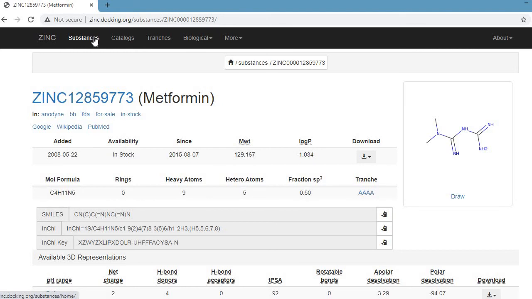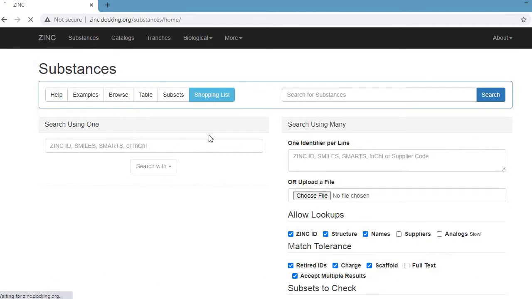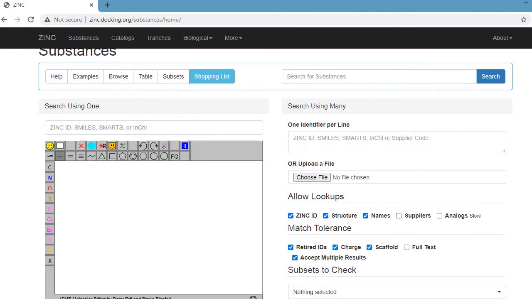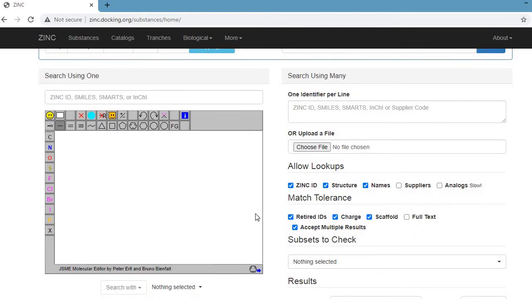Now what else we can do? Here is a template where we can draw structures and we can check for substructures. Here I can draw different substructures and search in the database. Like here I am going to draw the structure of the imidazole ring.